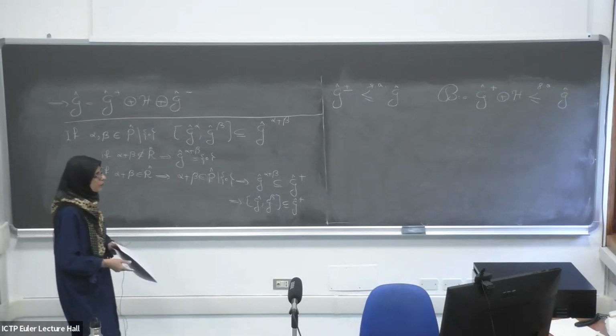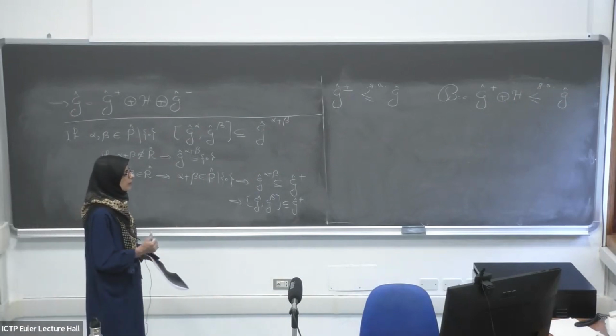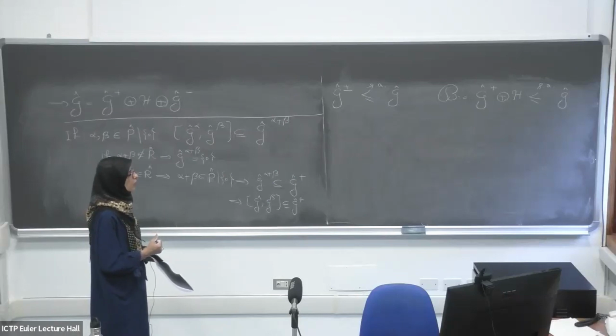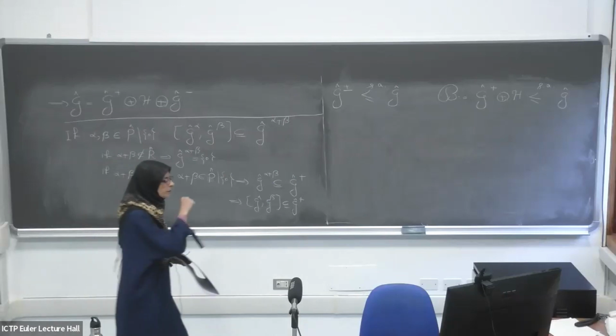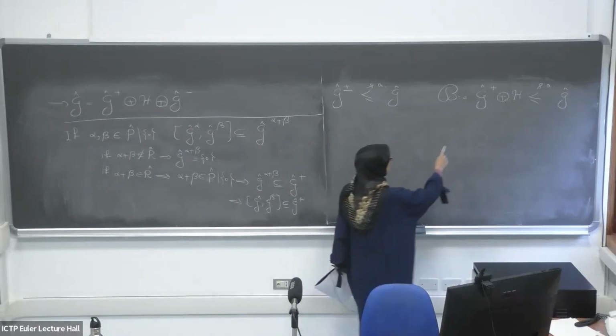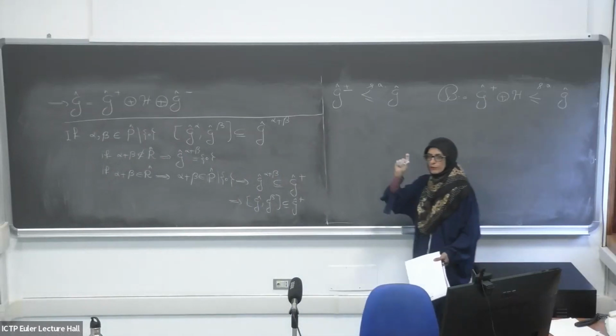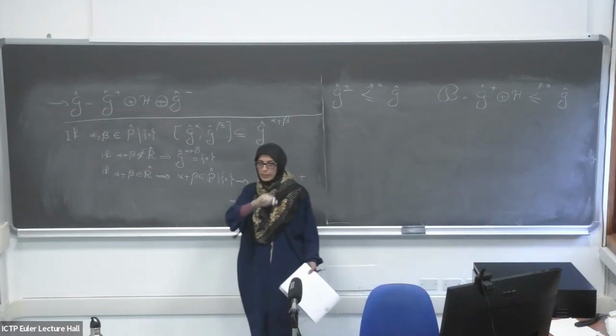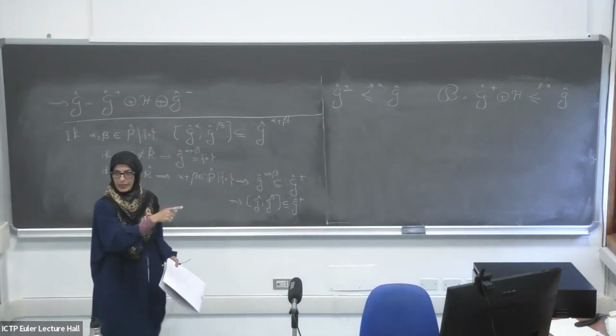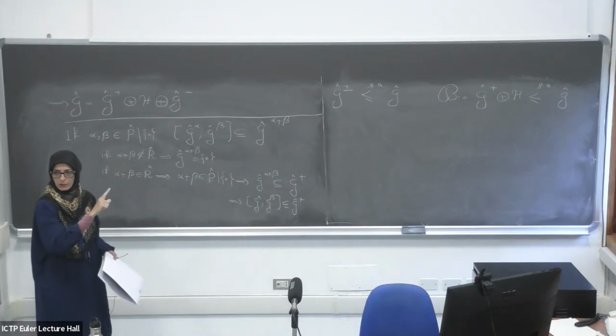Okay, and you remember in the last lecture, I told you when we have a subalgebra of a Lie superalgebra, the universal enveloping algebra can be embedded in the bigger one, right?